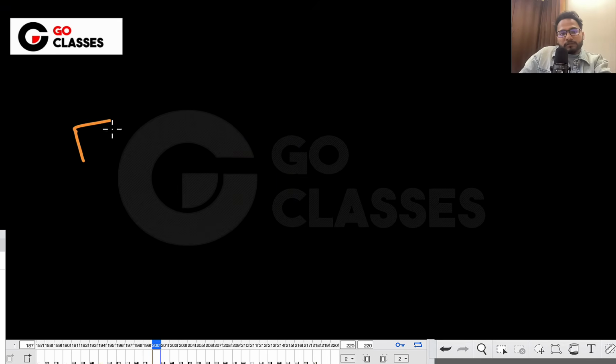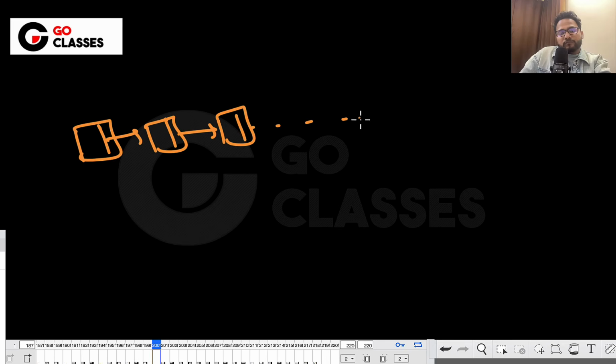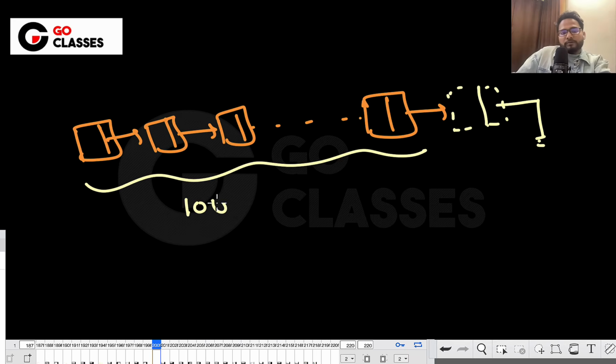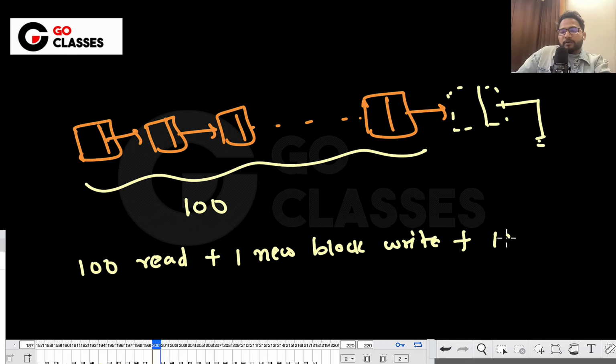So if you are writing the new block, these are the 100 traversal, 100 reads plus one new block write plus the 100th block write because of the pointer manipulation.